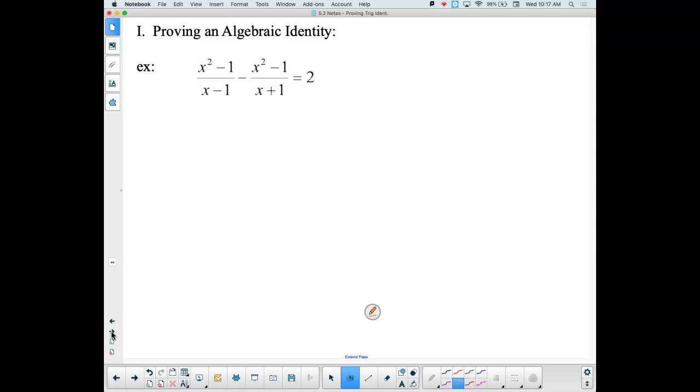To prove that, I am going to take the ugliest looking side. The meanest, the nastiest looking side, that's the side that I'm going to start with. So in this case, I'm going to start on the left side. The reason we do that is because we can do more with ugly.